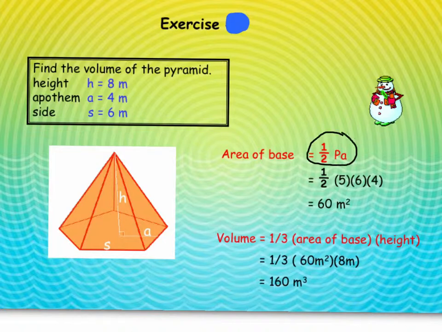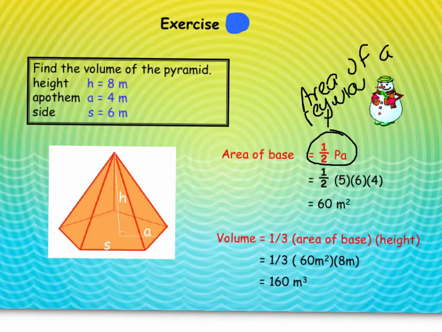So this formula is for the area of a regular polygon. Sorry, this pen is horrible. I don't have my regular one.